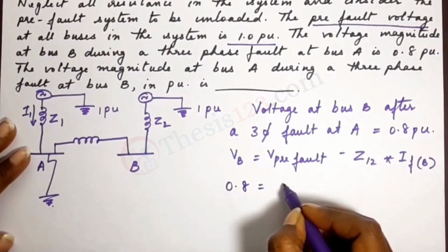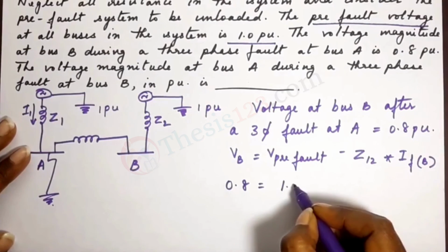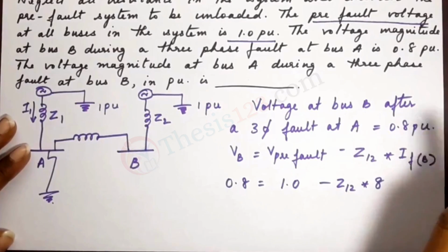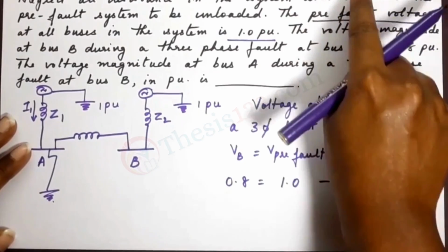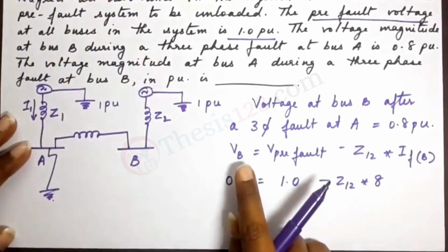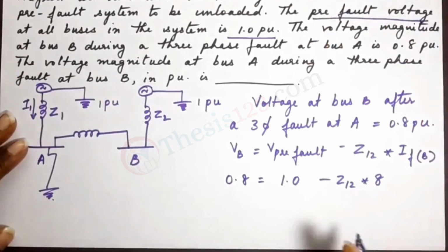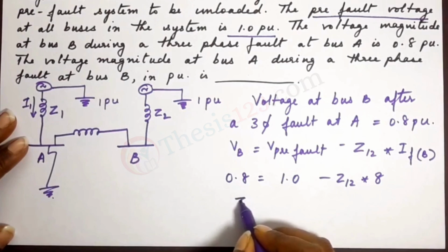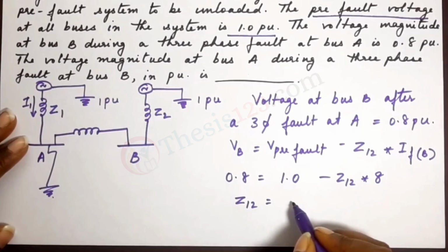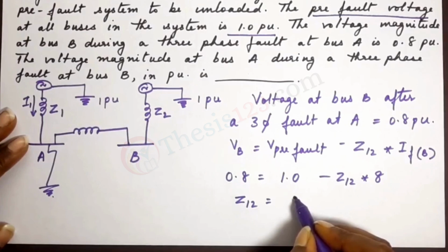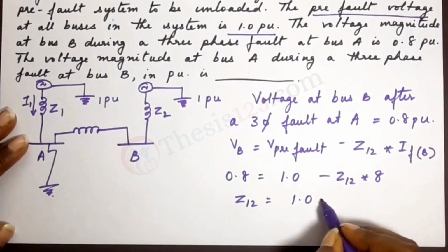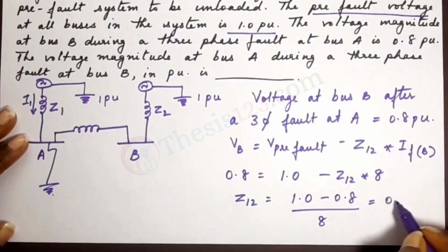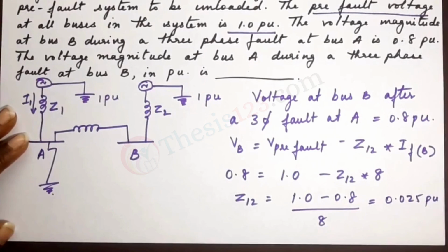VB is 0.8, pre-fault voltage is given to us as 1, minus Z12 times 8. That's the fault current given to us at B. So if we solve this and find the corresponding value for Z12, it would be 1.0 minus 0.8 divided by 8, and that gives us 0.025 pu.